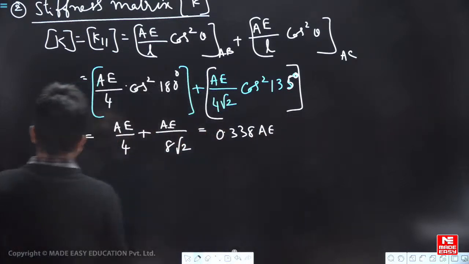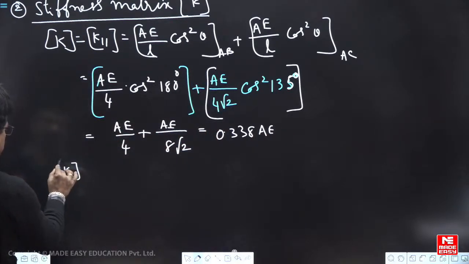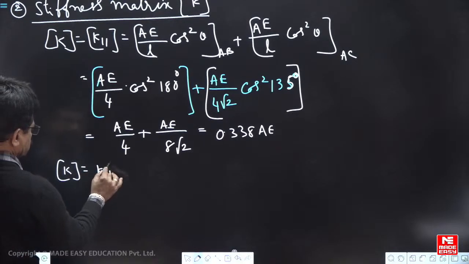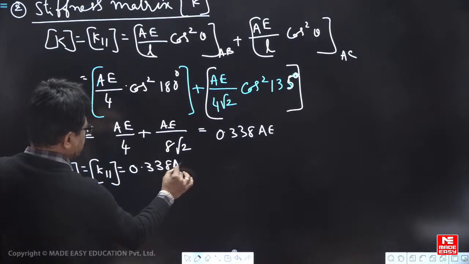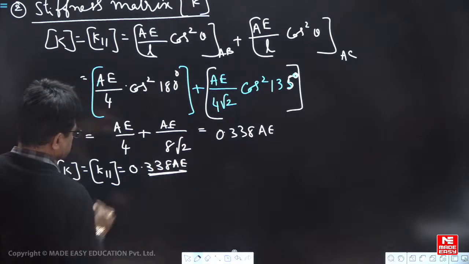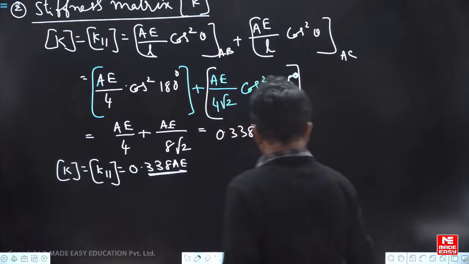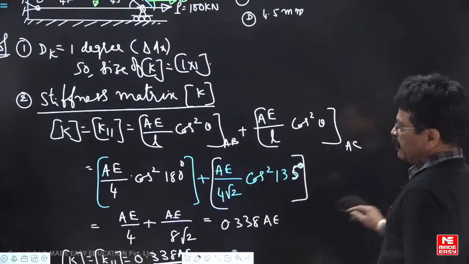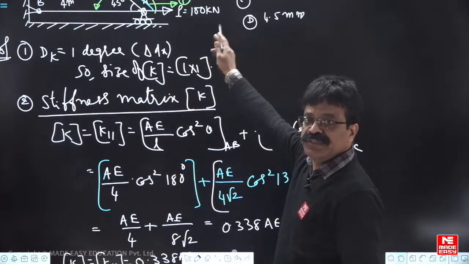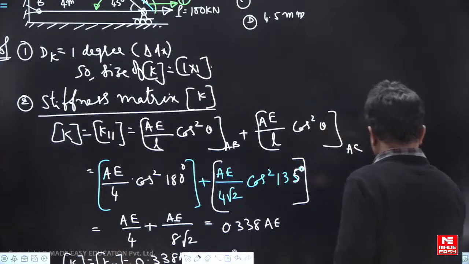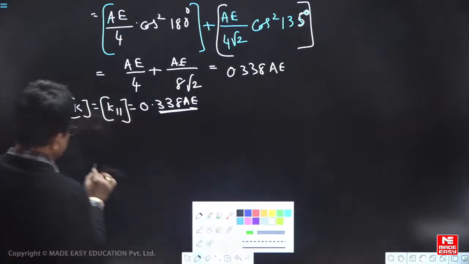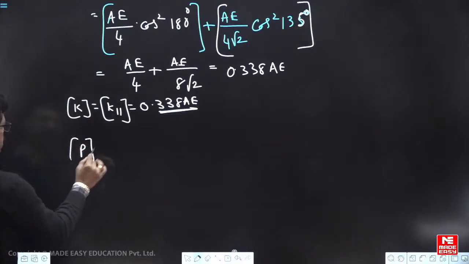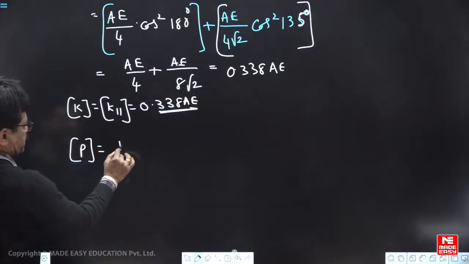This is K. 0.338 AE. Now, once K value is known to us, it is the force required to produce unit displacement. But for 100 kilonewton, how much? This is the value. Final force is this much.